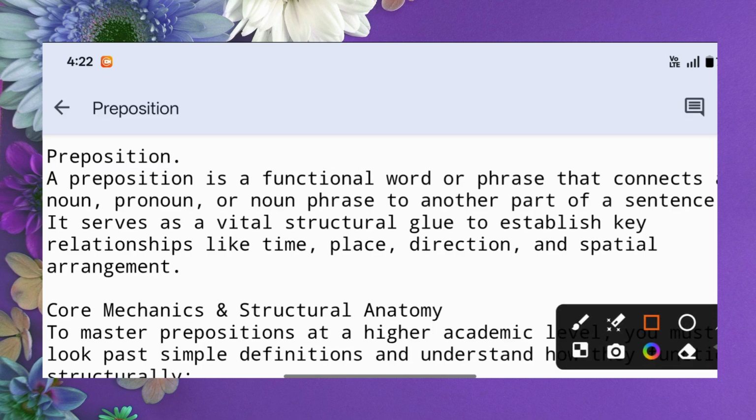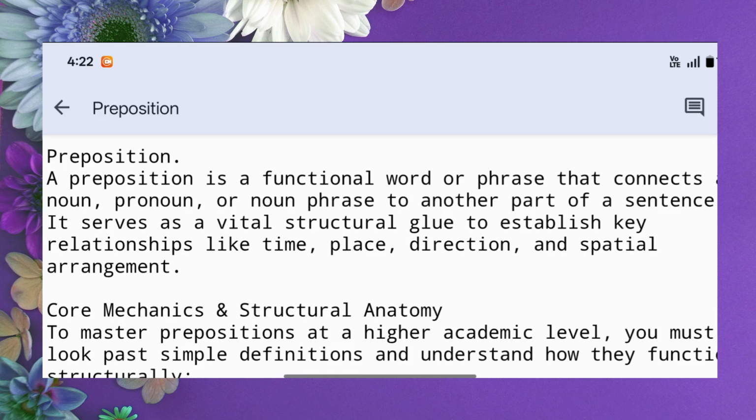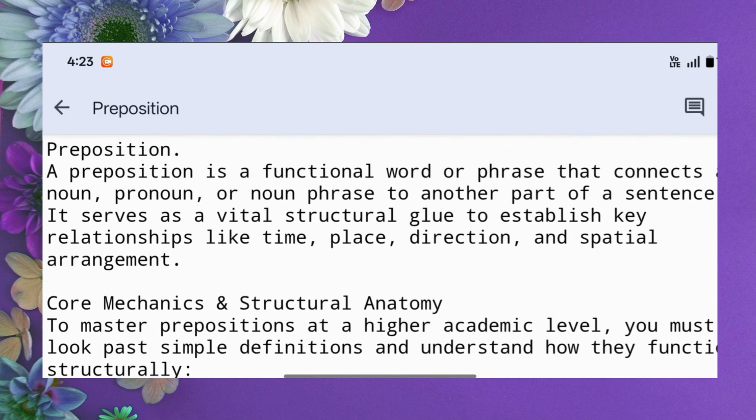Preposition. Let's see about what is a preposition.